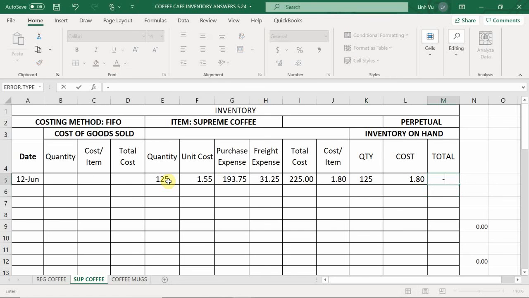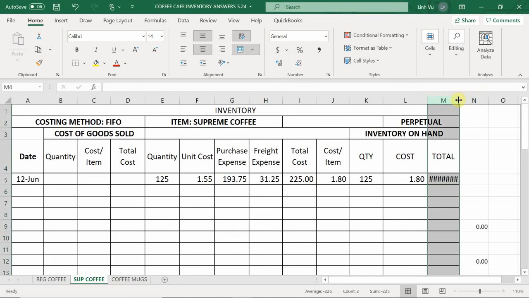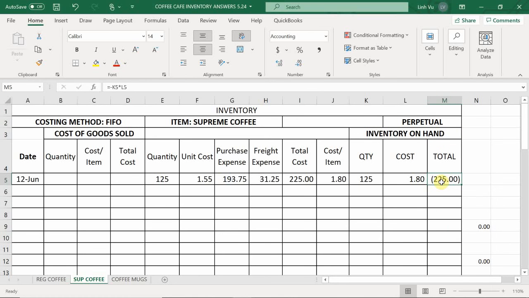So therefore, I should get a grand total right now of $225. Okay. Good. All right.